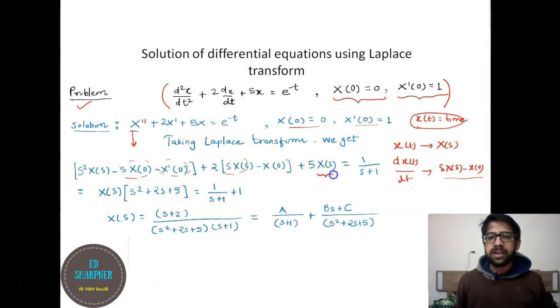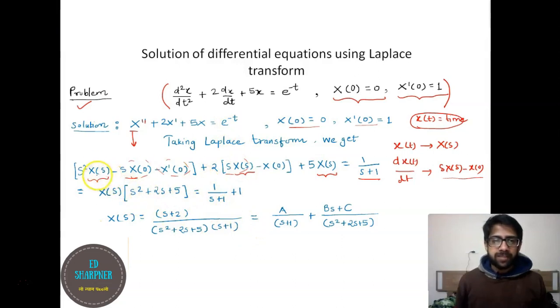Now please remember, this x of s is nothing but the Laplace transform of x of t. So what we are going to find is x of s now. We will be finding x of s, and then we will be taking the inverse. The right hand side is the Laplace transform of e raised to minus t, which converts as 1 upon s plus 1.